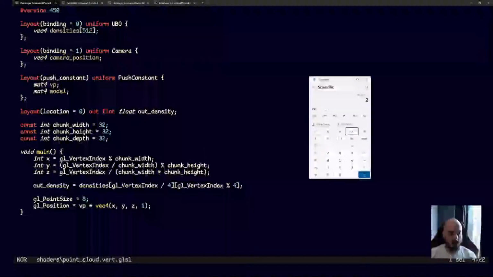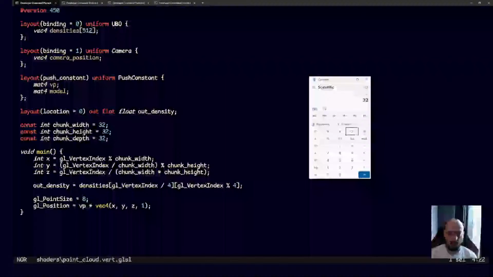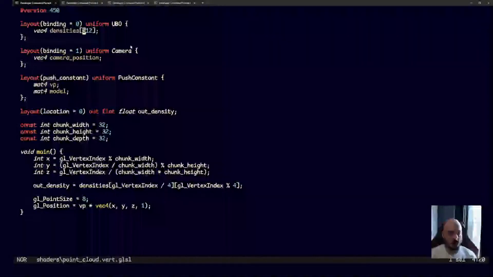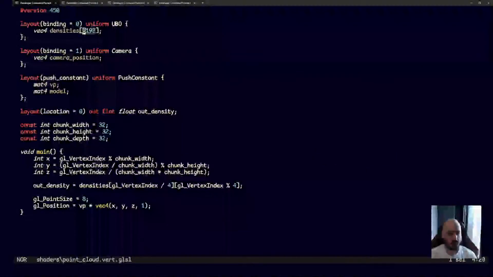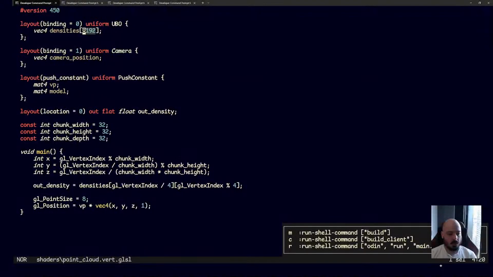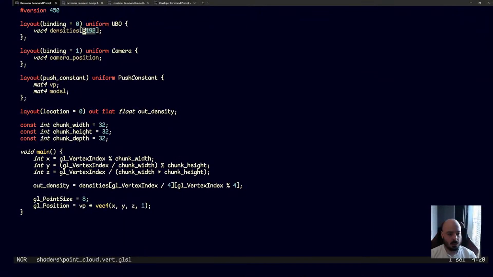What is 32 cubed? Huh. 32,768 and divided by 4 is 8,192. Yeah, that's a lot less densities than we had in there. Okay, that's a lot of values now.